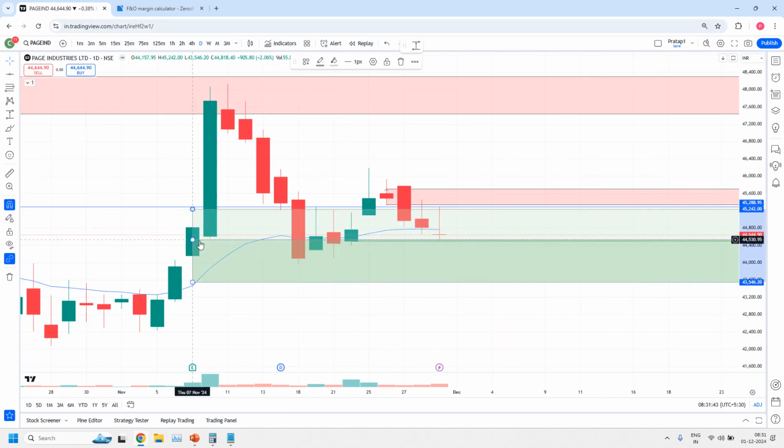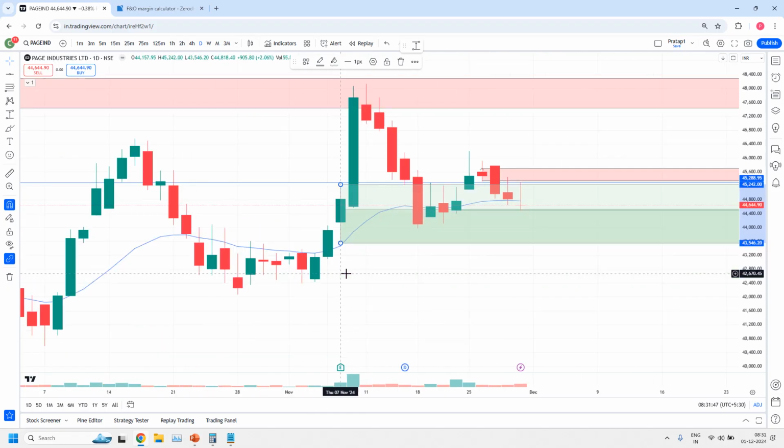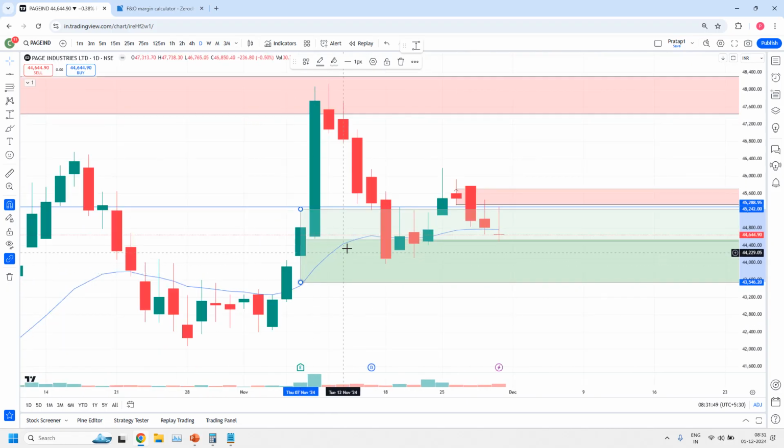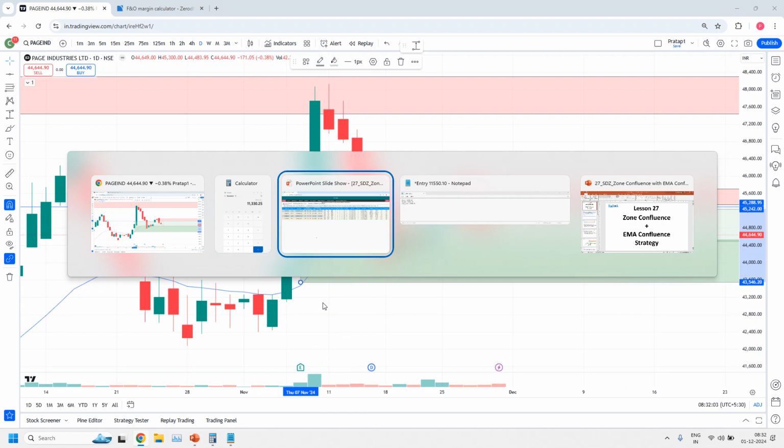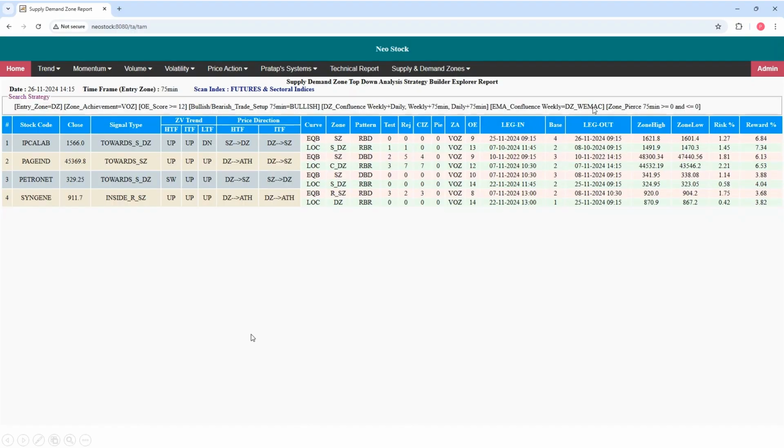This is the daily demand zone and this is the 75-minute demand zone. Did you observe this daily zone is having daily EMA Confluence, but we are focusing on weekly EMA Confluence. That means this zone is supporting daily EMA Confluence and also supporting weekly EMA Confluence. Look into the report: in the EMA Confluence, weekly demand zone having weekly EMA Confluence.